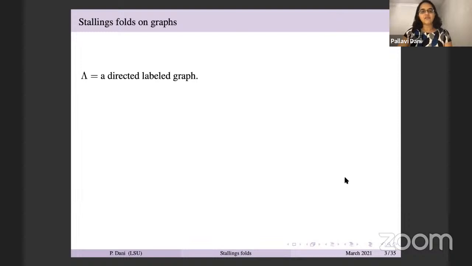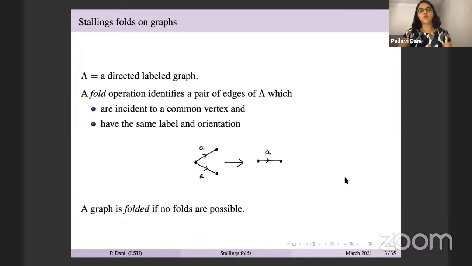Okay, so once you have one of these things, you can define a fold operation. A fold operation identifies a pair of edges of lambda which are incident to a common vertex, as in my picture here, and which have the same label and orientation. By same orientation, I mean relative to the fixed vertex. Here, both the A's are outgoing.